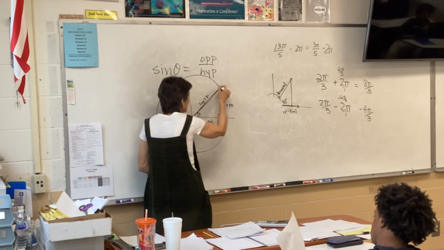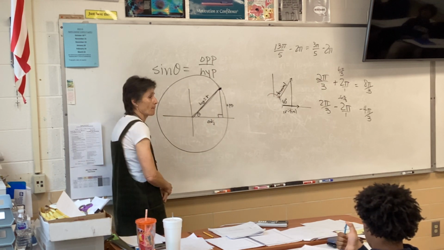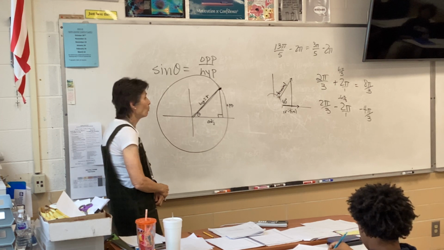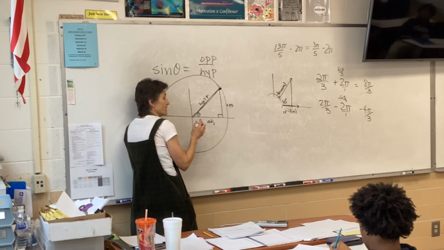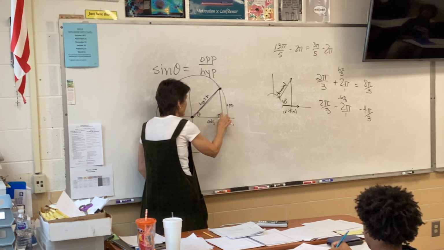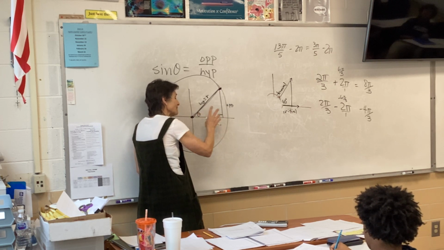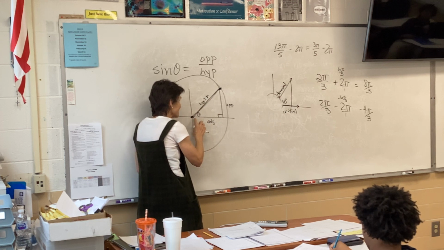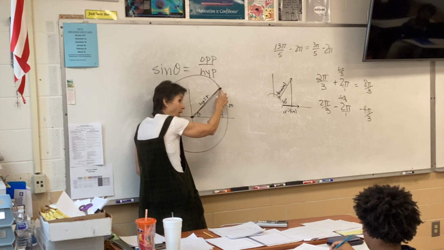And this point that's on the circle would have what coordinates? Now think about it, here's the origin. You're coming over and up. Well, I don't have any numbers in the problem, but isn't this x and y?